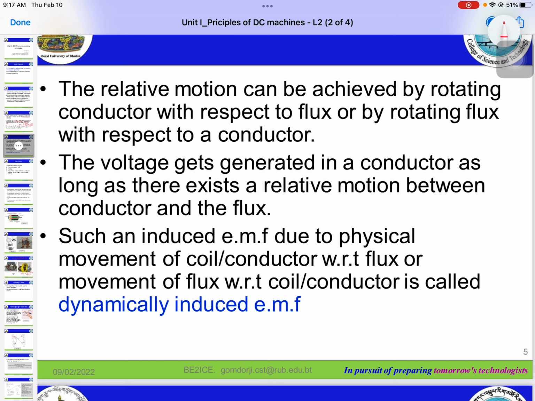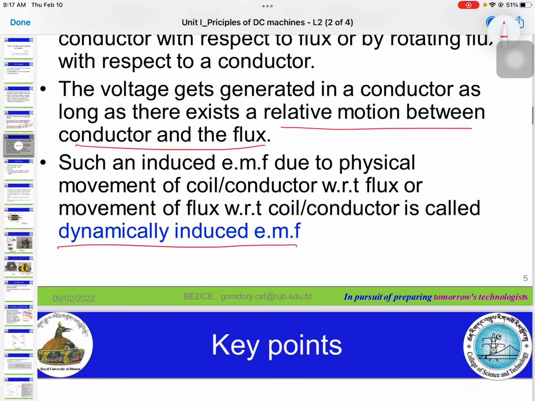The voltage gets generated in the conductor as long as there exists a relative motion between the conductor and the flux. Such an induced EMF due to the physical movement of a coil or conductor with respect to flux, or the movement of flux with respect to a coil or conductor, is called the dynamically induced EMF. So this is Faraday's law.